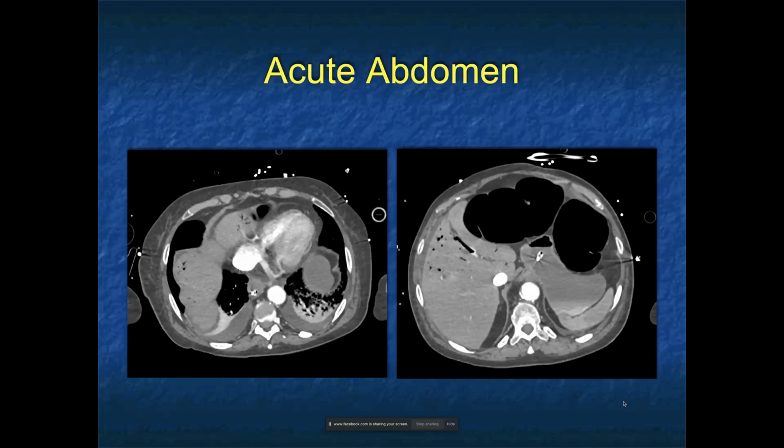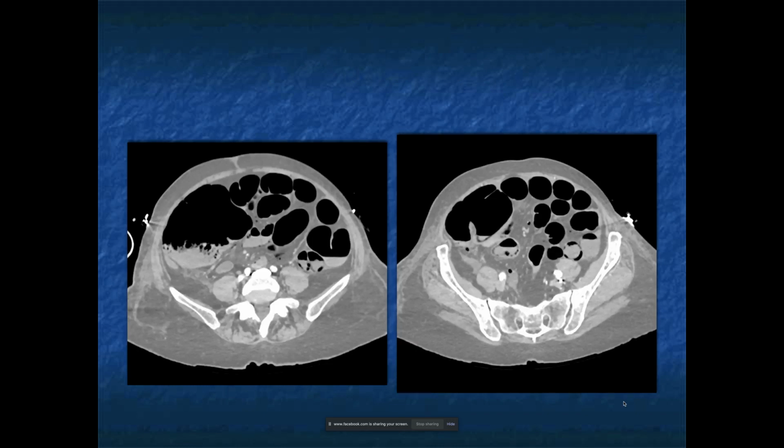Okay, next case. Patient has an acute abdomen. What's going on? Well, you see air within, first you'd say maybe it's biliary ducts, but then you recognize you're looking at air within the venous structures in the liver. And then when you scan downward, you note that the patient has air within the bowel wall, pneumatosis in the small bowel.